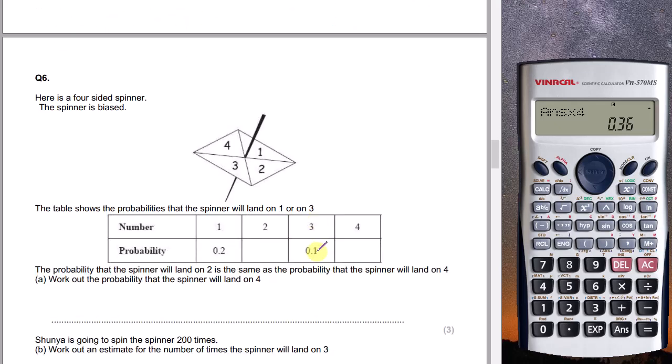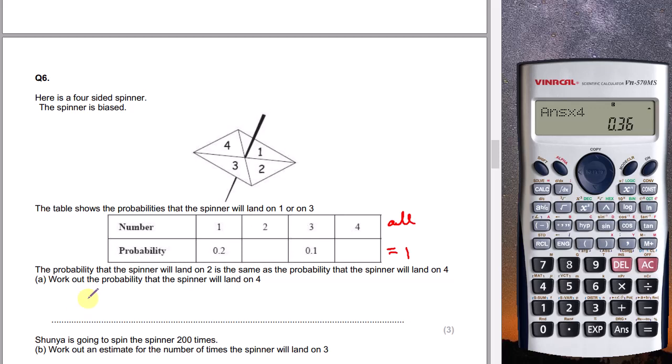Something similar here with the spinner. 4-sided spinner, it is biased. Well, the outcomes are 1, 2, 3, 4. So this shows the probability of the spinner landing on numbers 1 and 3, which are 0.2 and 0.1. Now, it's just the same as what we've just done, but this time it says the probabilities are the same. So the total probability is 1, and that is everything that could ever happen.